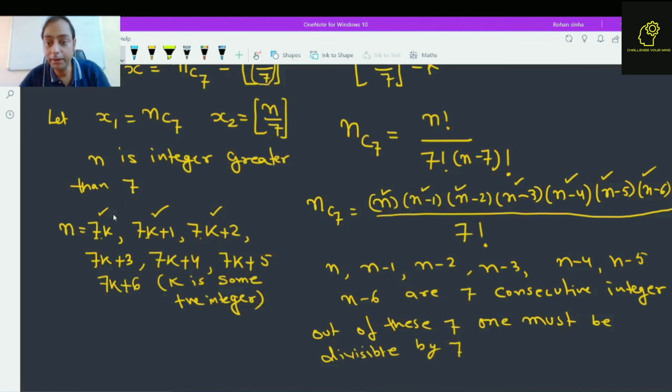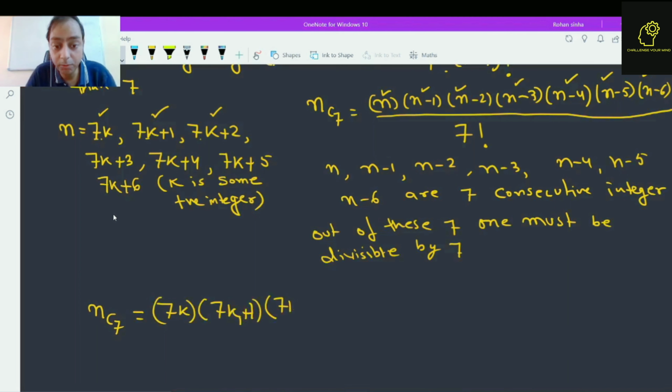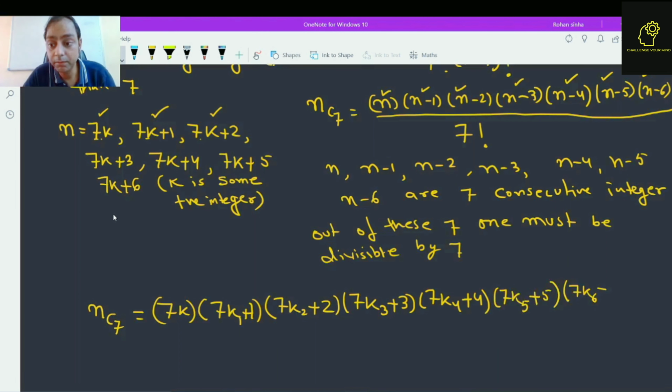So n, n minus 1, n minus 2, n minus 3, n minus 4, n minus 5, n minus 6 can be in the form of 7k, 7k1 plus 1, 7k2 plus 2, 7k3 plus 3, 7k4 plus 4, 7k5 plus 5, 7k6 plus 6, whole divided by 7 factorial.